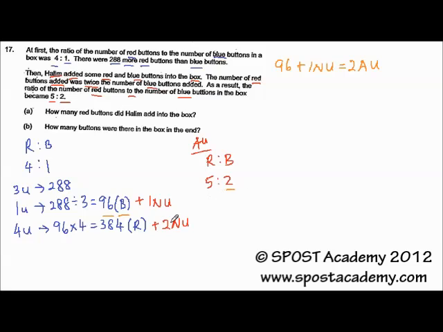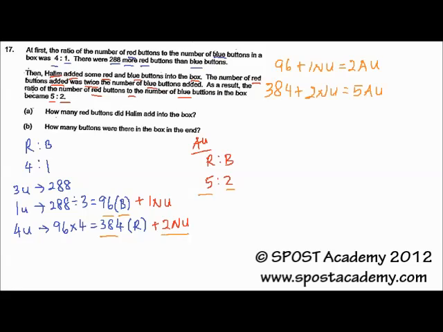As for the red, it will be 384 plus 2 new units will let us end up with 5 after units. So red had 384 at first, plus twice that was added to the blue, so it's 2 new units, and it ends up with a ratio that is 5 after units.